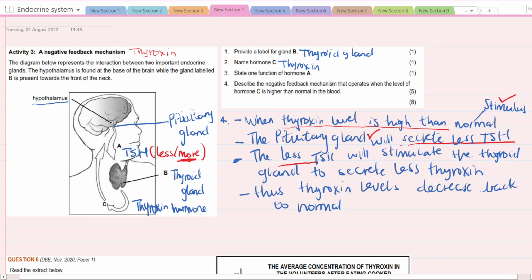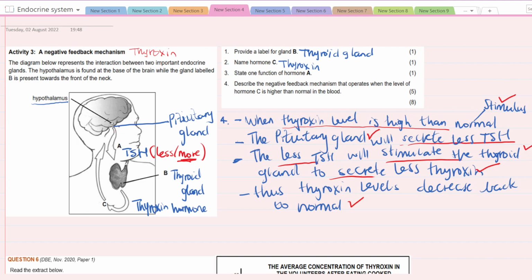Then this less TSH will stimulate the thyroid gland to secrete less thyroxin, and lastly this will return the thyroxin levels back to normal, so by decreasing them. So that's how your negative feedback works.